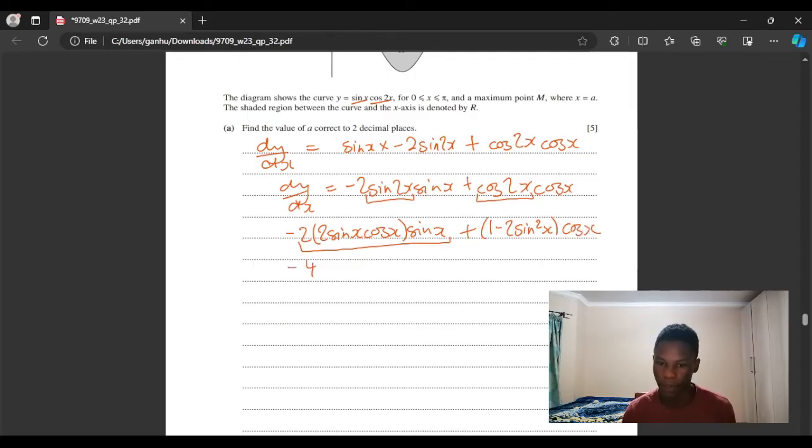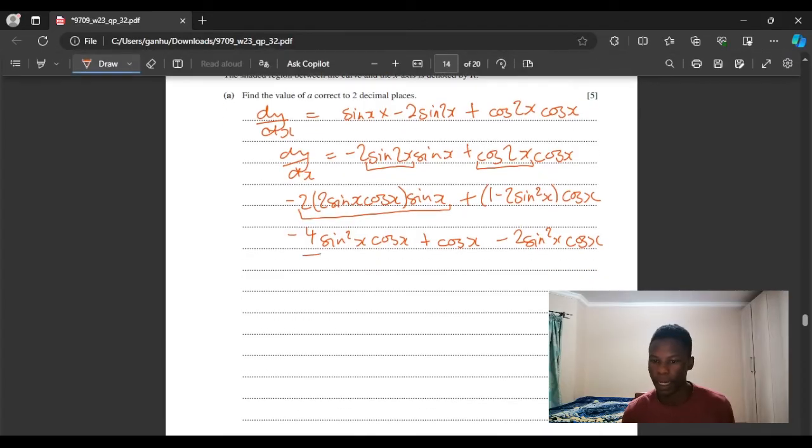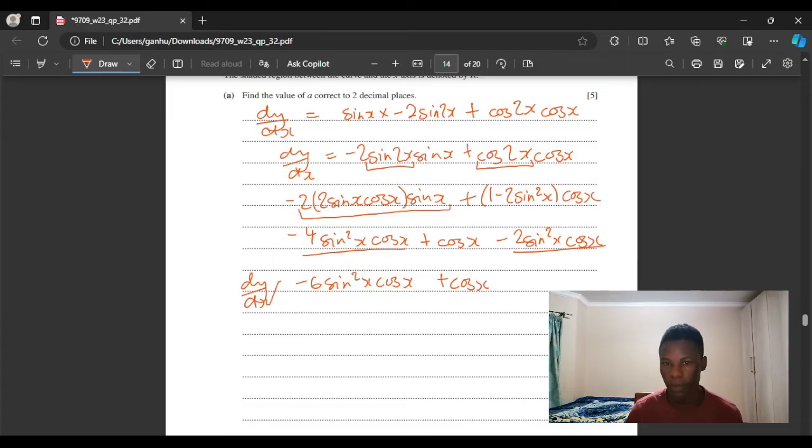Let's expand: that's minus 4 sin squared x cos x plus cos x minus 2 sin squared x cos x. And let's simplify our like terms. That's -6 sin squared x cos x plus cos x, and this is dy/dx.